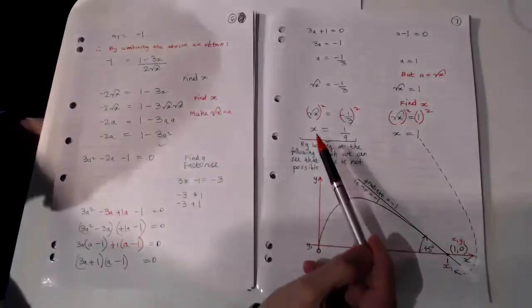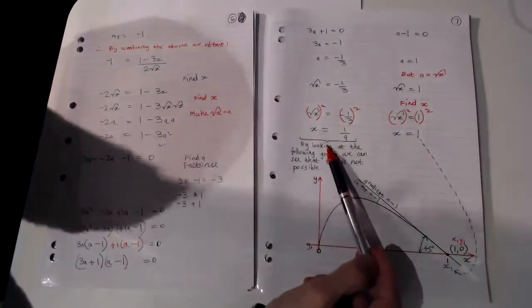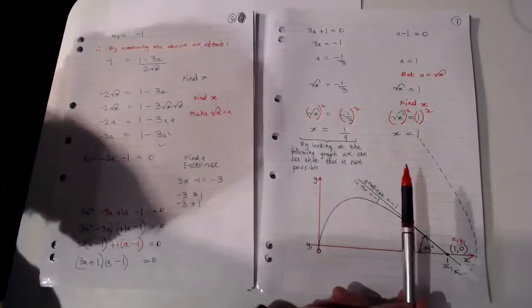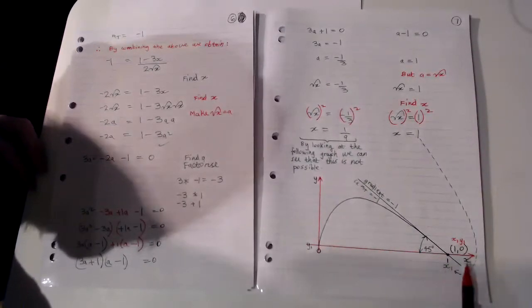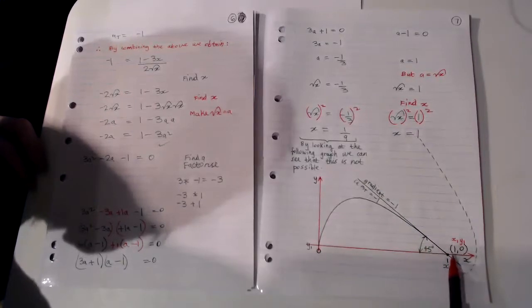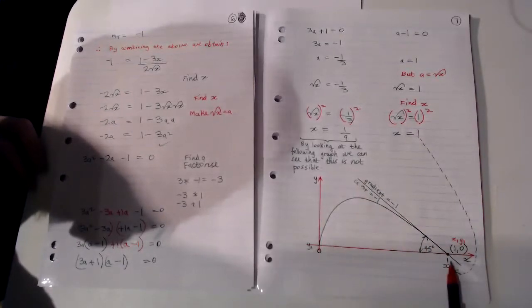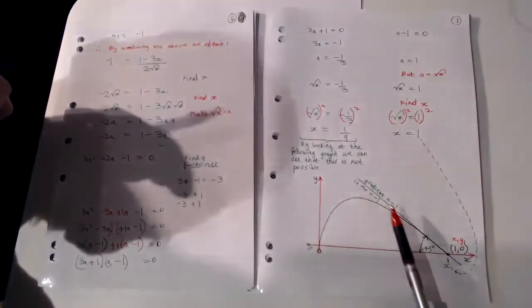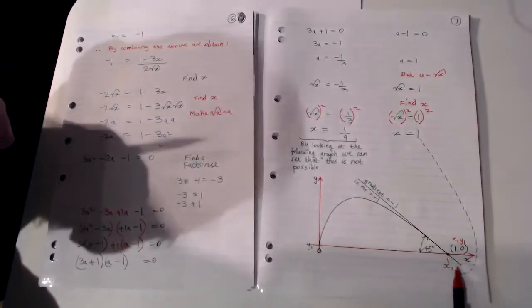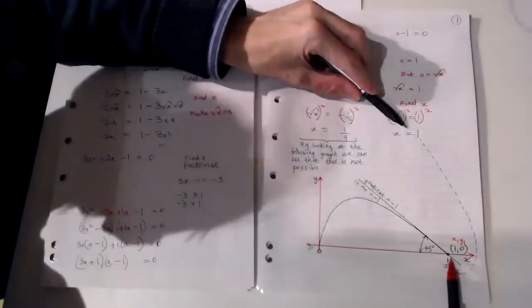Well, are both of these x values possible? Well, no. Why? Because if you look at the graph for the tangent line BC, it's feasible to say that the intersection point between the green tangent line BC and the black curve is at x equals 1.